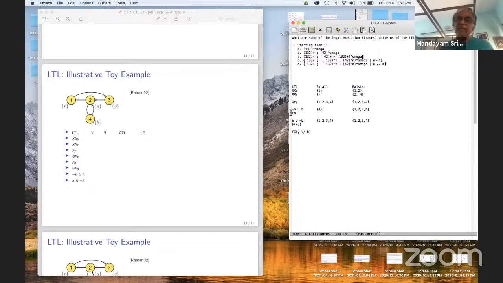You will see that this logic already doesn't allow you to do these kinds of countings, and I'm relating that to the notion of finite state systems. If the logic were to denote only those sets of paths that are satisfied by these kinds of patterns, you won't be able to do that.